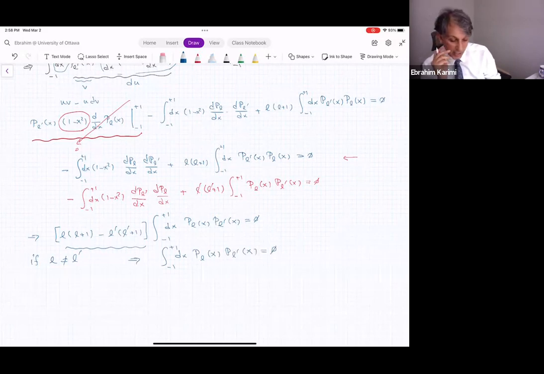So whenever L and L prime are different, the result will be equal to 0. So they are orthogonal. Essentially, we know that because we proved already that these polynomial series provide a complete basis, and orthogonal.